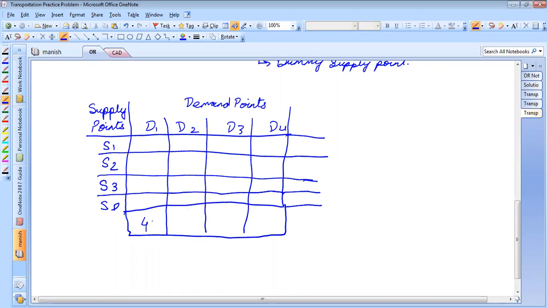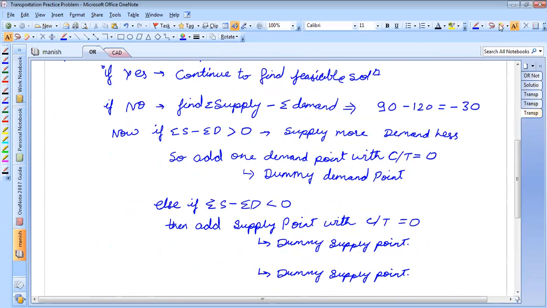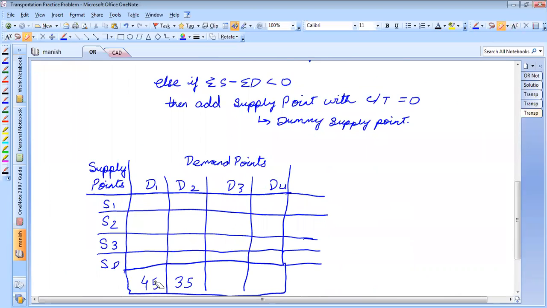D1 was 40, 35. This is the problem, students, if I have to scroll up and down again and again. So if you are writing, just tell me the values.